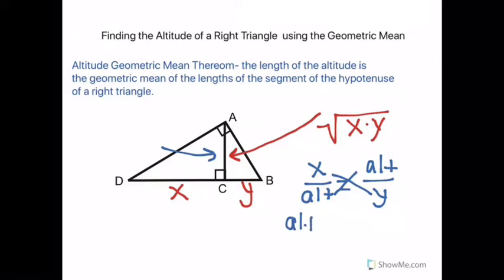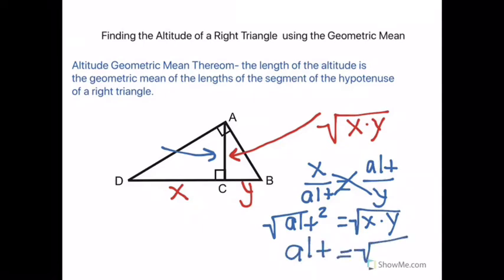So the altitude squared equals x times y. To solve for the altitude, I would square root both sides. So the altitude equals the square root of x times y. This here is just a proof of why this theorem works.